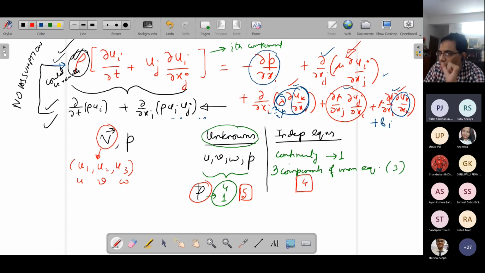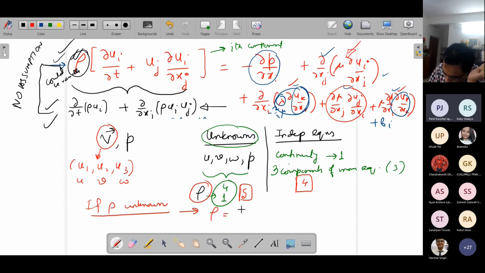But if density is not known, then what will you do? So you have to refer to, if rho is not known, then what you have to do? You have to refer to an equation where rho will be a function of two other variables.